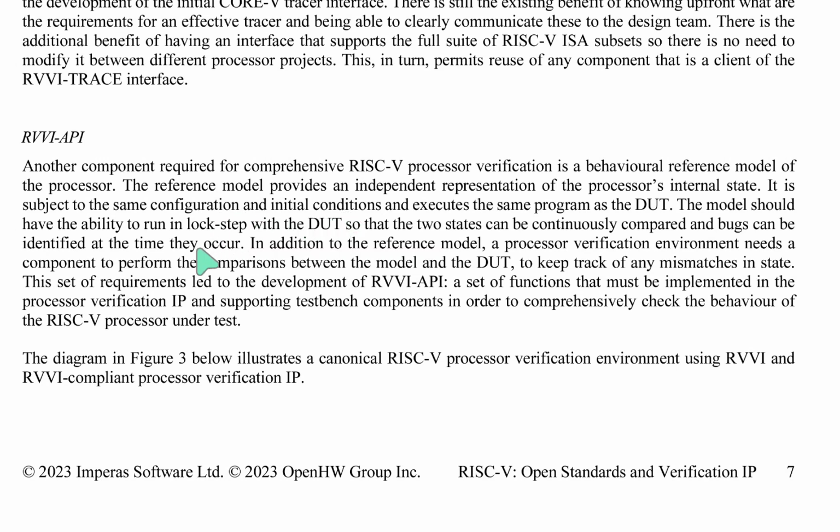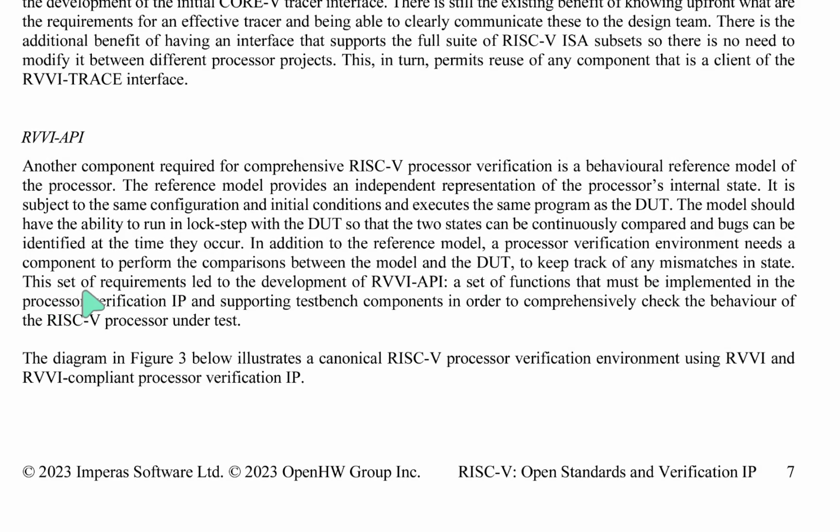The model should have the ability to run in lockstep with the DUT so that the two states can be continuously compared and clashes can be identified at the time they occur. In addition to the reference model, a processor verification environment needs a component to perform a comparison between the model and the DUT to keep track of any mismatches in state.